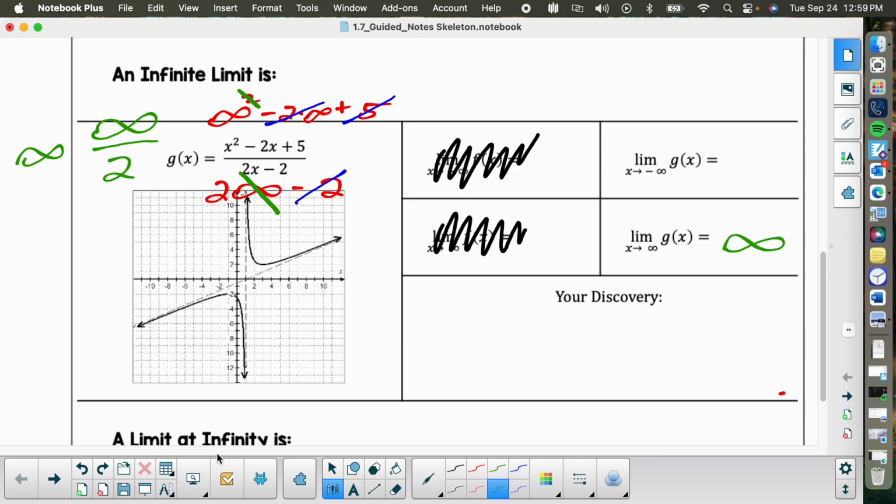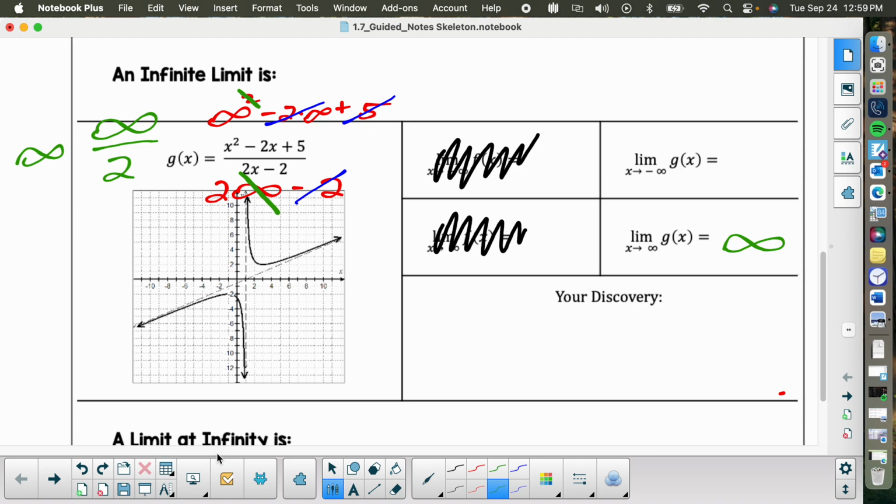Now, if we've got all these powers, what's the only way we're going to flatten out and get a regular number answer? Do you remember this from pre-calc? How did you get a horizontal asymptote to be a number in pre-calc? You only looked at the highest power, and you looked at the coefficients on the highest power.